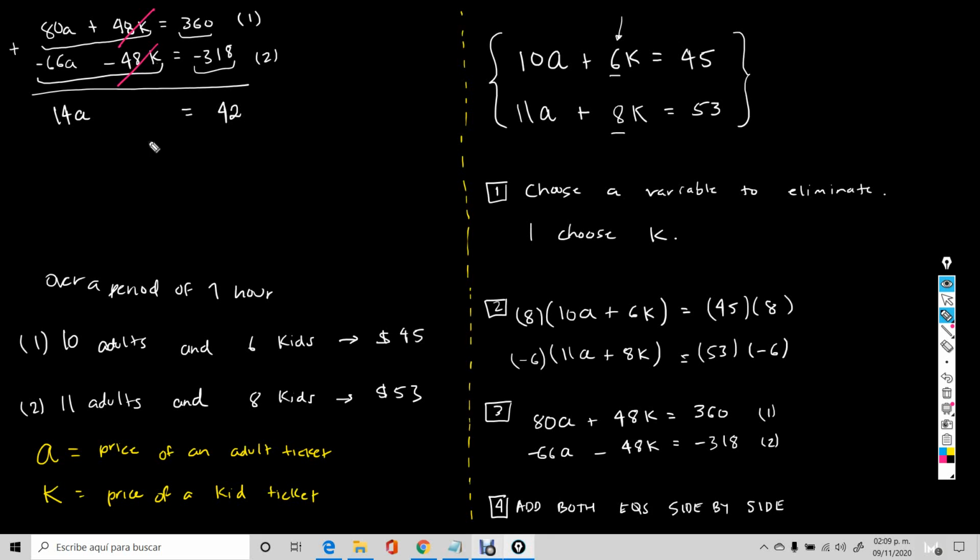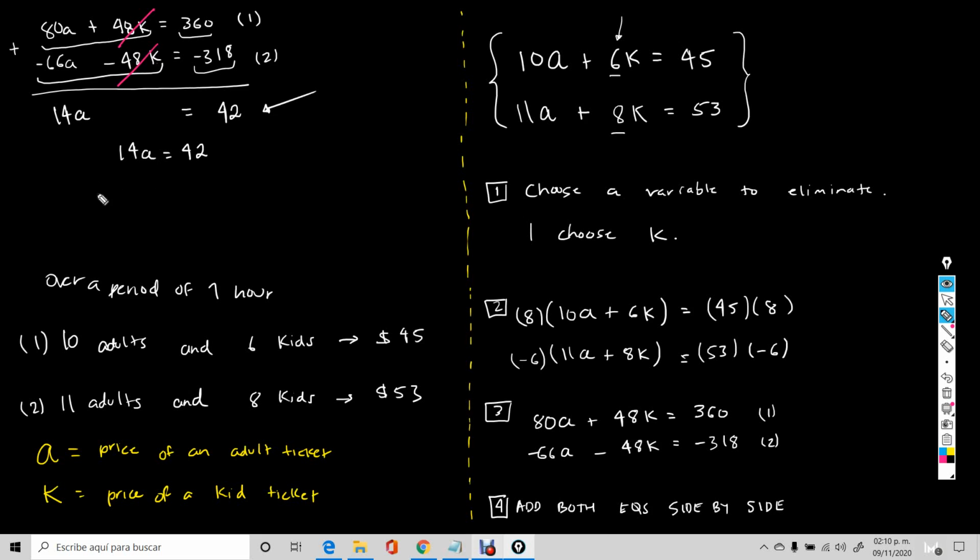And look at this, guys. By doing this trick of adding both equations side by side, what we have discovered is that we end up with an equation. Maybe let me write this down in a more compact way because it looks too far away. 14a equals 42, and you can see that we have found an equation with just one variable, which you can solve.